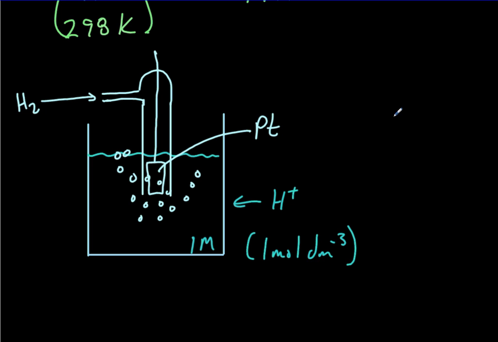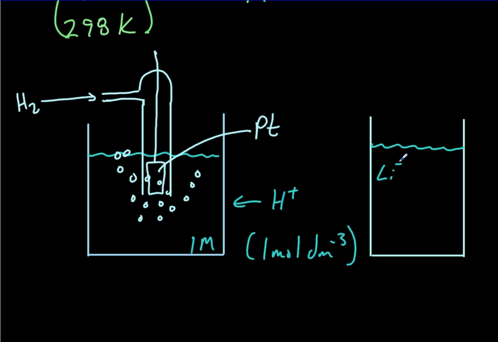So for instance, let's say we want to know the half-cell potential of lithium, because it's the far end of the spectrum. So we would take a lithium half-cell and make a solution that contains some lithium ion.